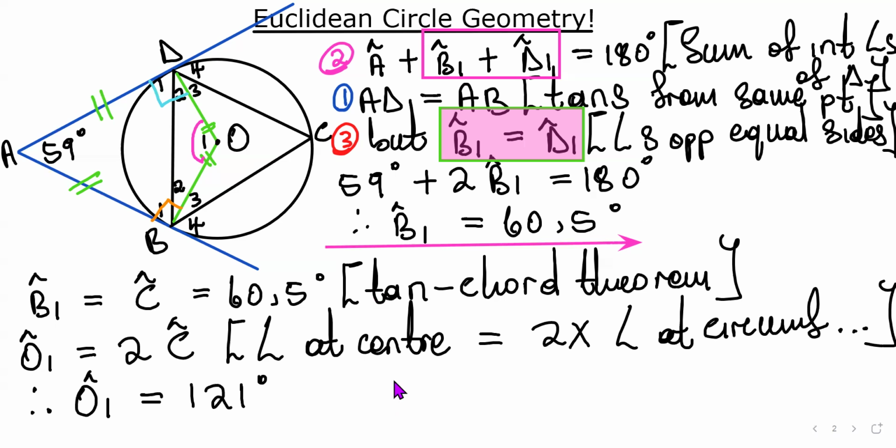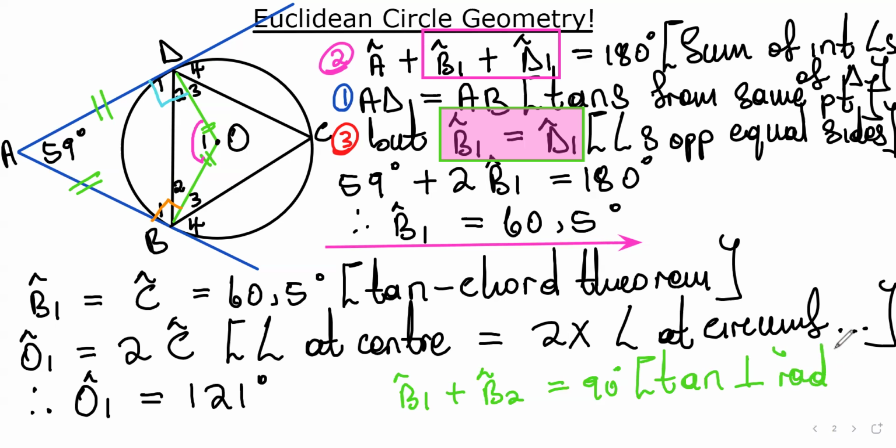Instead of beginning by saying B1 plus B2 is 90 degrees, because the tangent is perpendicular to the radius. All right. Then you can find the size of B2. And now that you know B2, then you say, but we know that B2 is actually equal to D2, angles opposite equal sides.